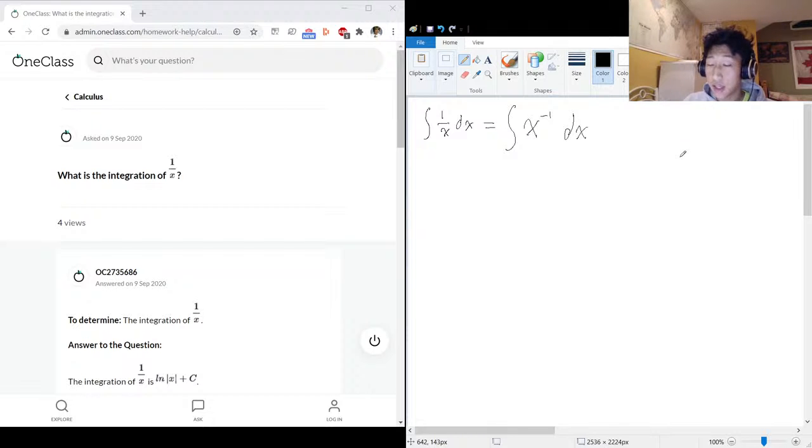But x to the power of -1 is a very special case where the integral of this is equal to the natural logarithm of the absolute value of x, plus a constant of integration.